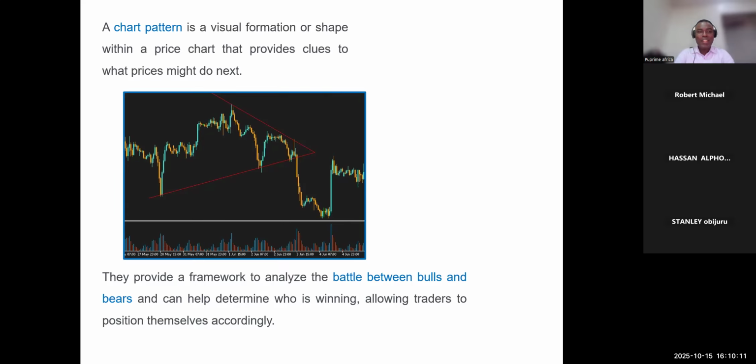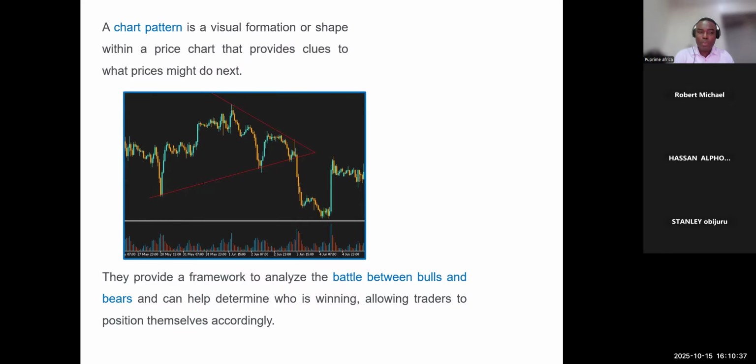So let's get started. We say a chart pattern is a visual formation or shape within a price chart that provides clues to what prices might do next. Take note of the keywords there. A chart pattern is a visual formation or shape, meaning these are things you can identify just by looking at the chart.